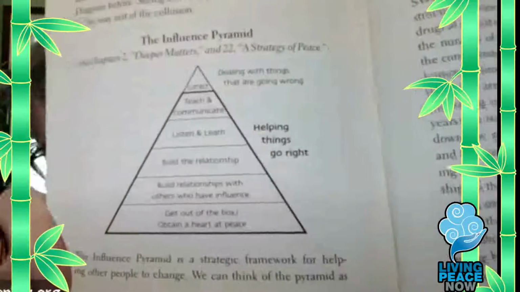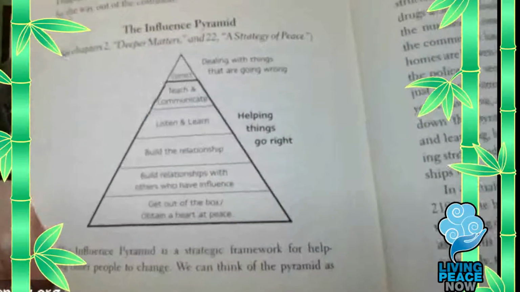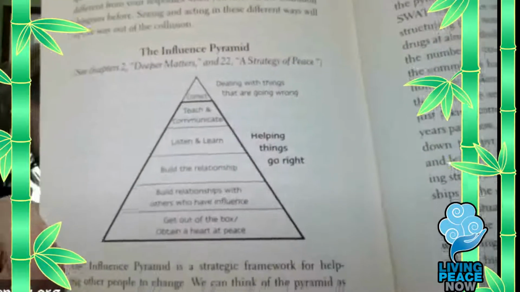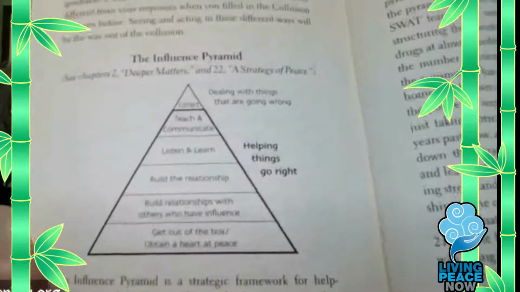So, for next Friday, I want to move forward and talk about what they call the influence pyramid, which is also in the book. It's in the appendices, and it's also in chapters 2 and 22. You'll also see this pyramid, which is about how you engineer a situation so it's going to work better, rather than spending your life feeling bad about how things are.